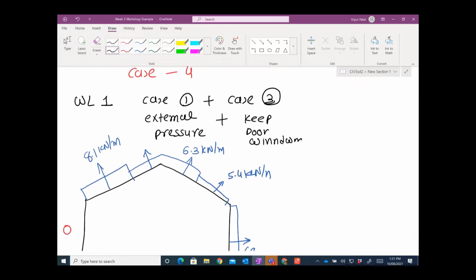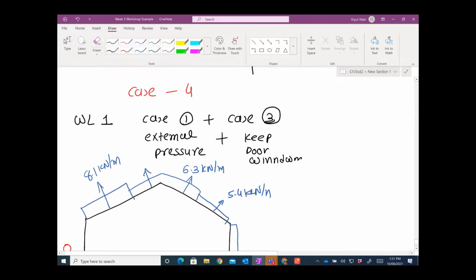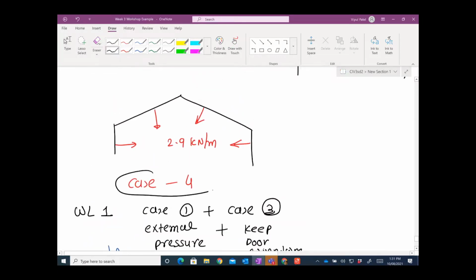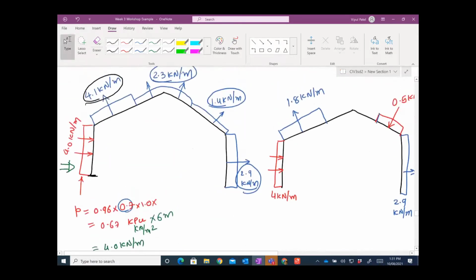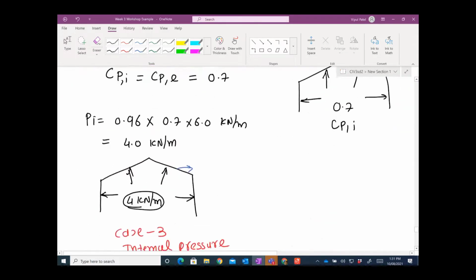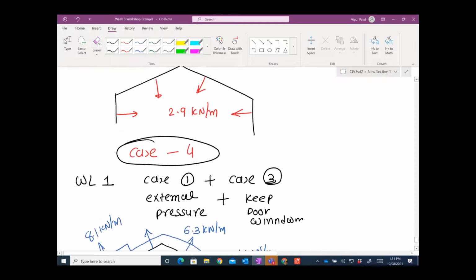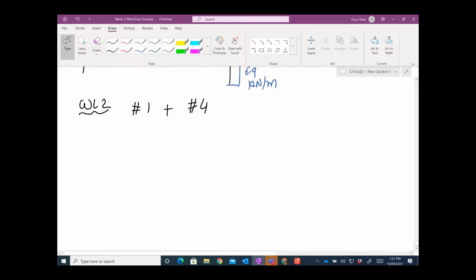So this is wind load case 1, and let's say wind load case number 2, where you're going to combine 1 and 4, right? So keep the 1 external pressure and we're going to combine with 4, right? That is the door opening on leeward wall. So we will have a 1 which is 4 going in this direction, and this is 2.9 going in this direction as well. So 4 and 2.9 is 6.9.